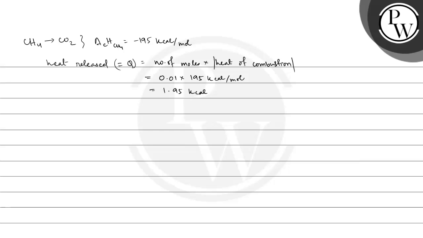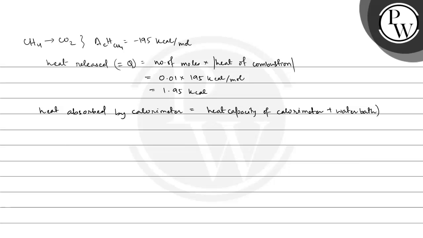Now in order to calculate the heat absorbed by calorimeter, we have to calculate the heat capacity of calorimeter plus water bath, because calorimeter and water bath both are one system and the temperature increase of both is the same.